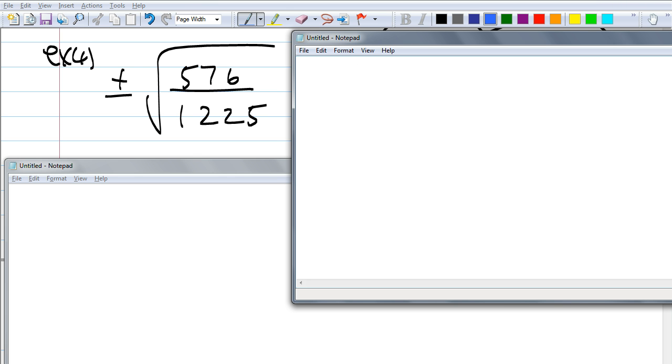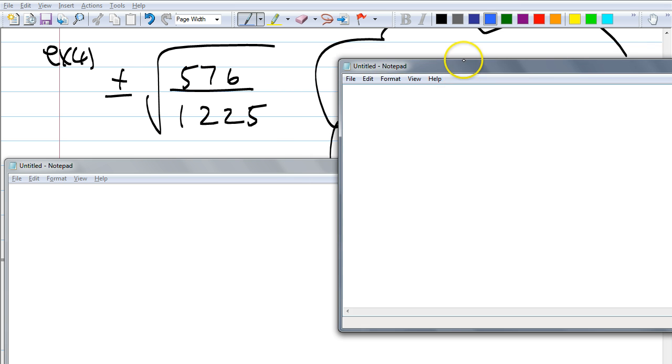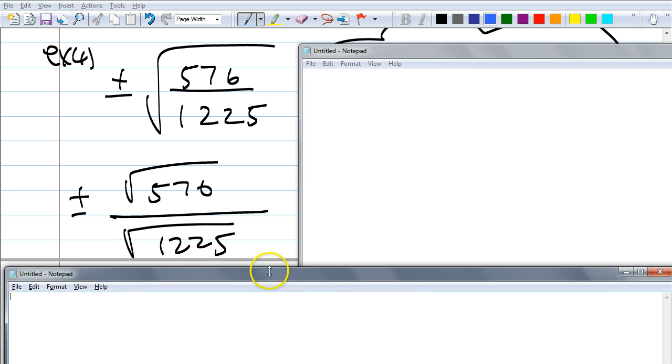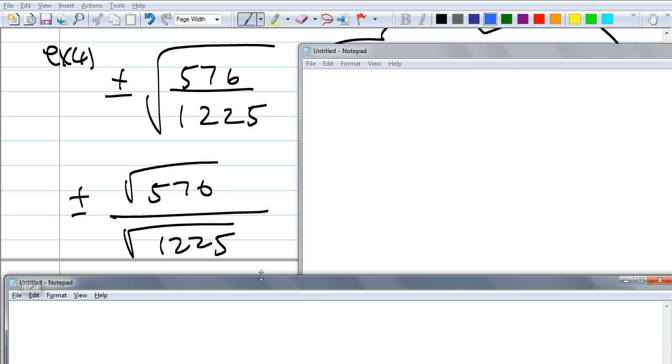What about these two numbers? What about the radicand? What are you going to do with the radicand? Don't we have to see whether or not they're perfect squares? So we have to do what, class? First we separate them, then we do a factor tree. Go ahead, everybody, do a factor tree for 576 and 1,225. I'll give you some time.